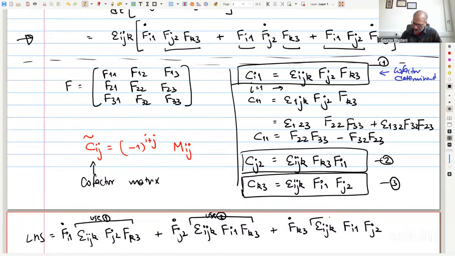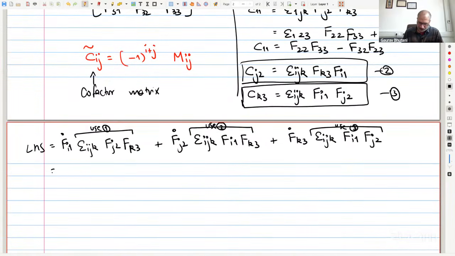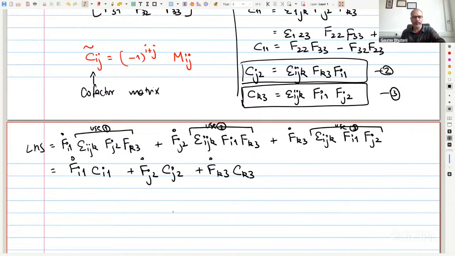Right, so this is exactly what we have in equation 3, expression 3, Fi1 Fj2. So that's where we say use 3. So this becomes F dot i1 times C i1 plus F dot j2 C j2 and F dot k3 times C k3.